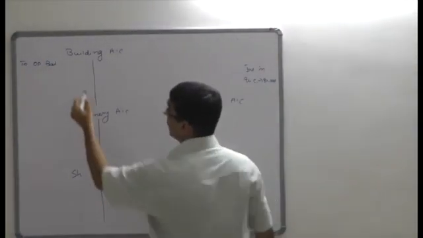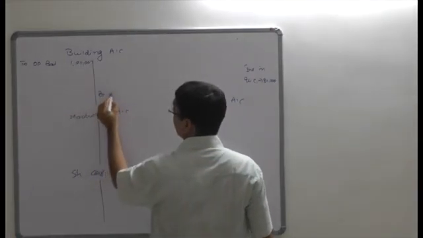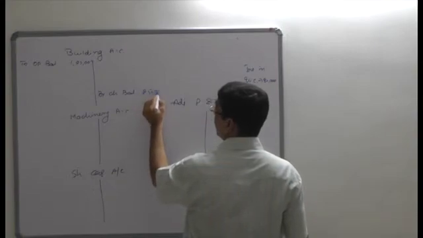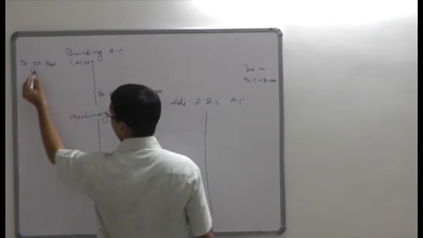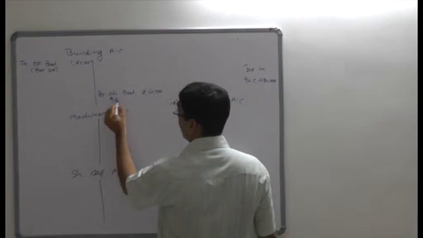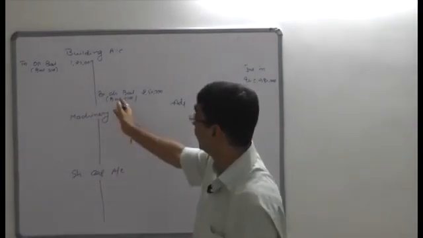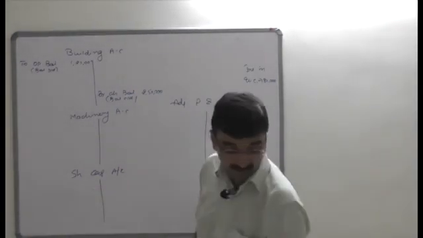The opening is 1,20,000 here, and the closing balance is 2,50,000 rupees here. You can write it like this also: balance brought down, and balance carried down. Whatever you want, you can write, whether opening and closing balance or balance brought down and balance carried down. So this is the building opening and closing.